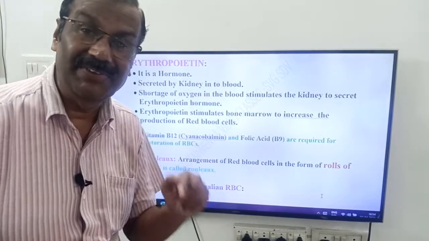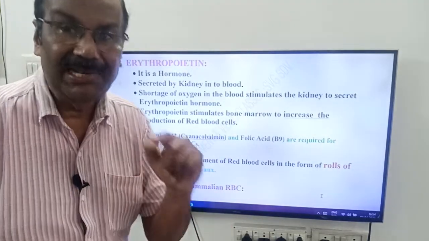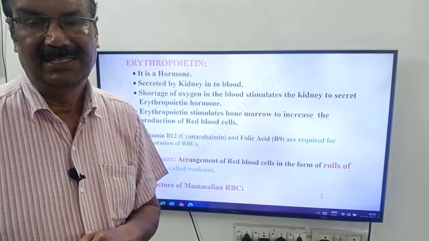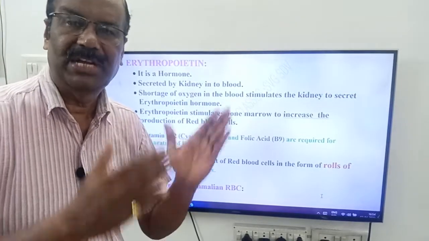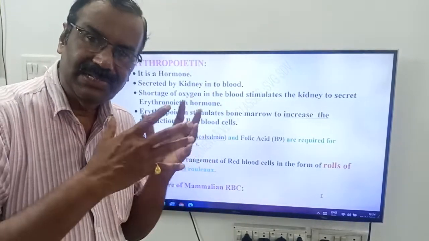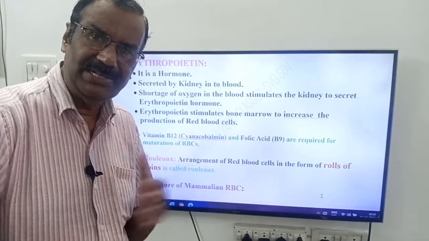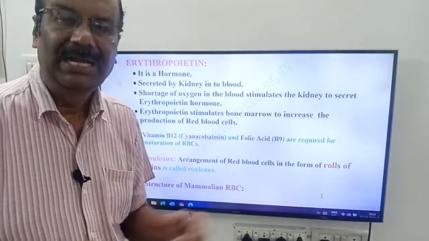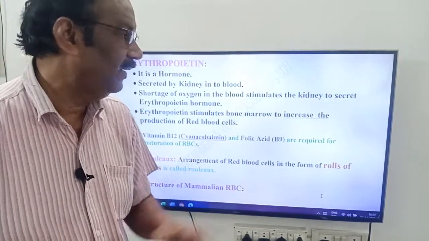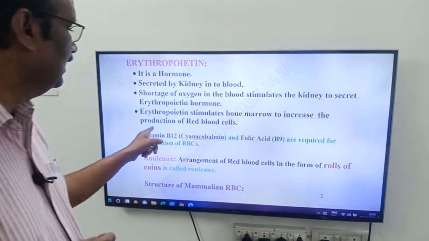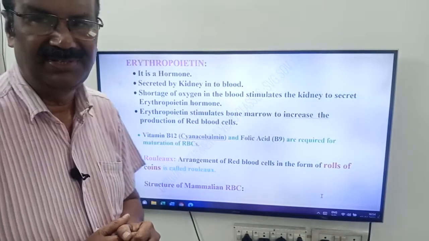By the kidney. When? When the blood has less oxygen content. This erythropoietin through blood reaches the red bone marrow, stimulates it, and helps in increasing the production of red blood cells.